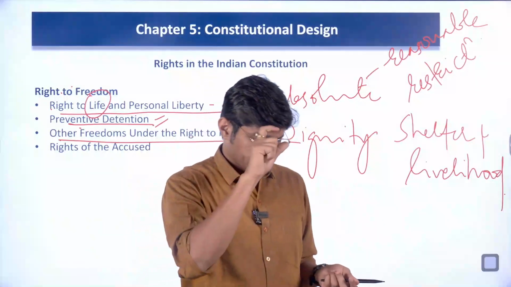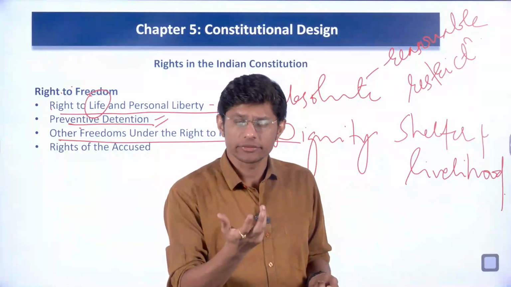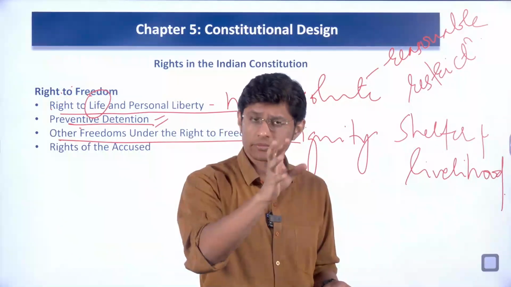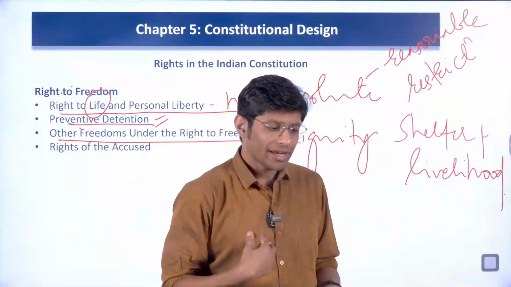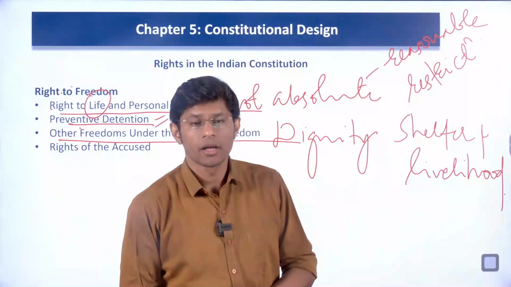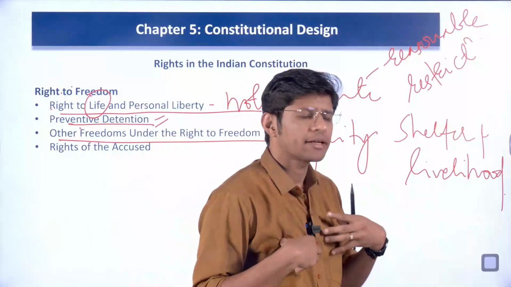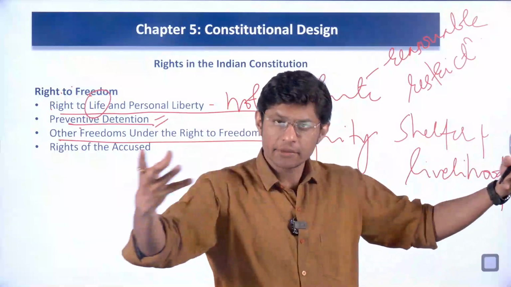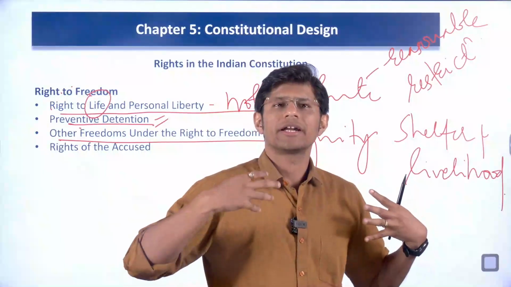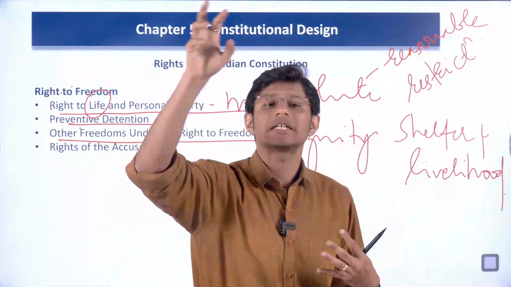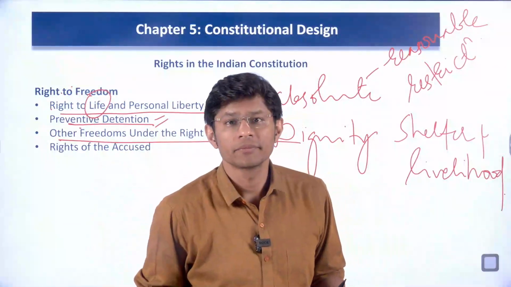So, if my speech and expression can cause public disorder, the police can prevent a person from exercising his right. Freedom to assemble, which means I can, let's say, call people together to raise slogans against the government, to protest against the government policy.